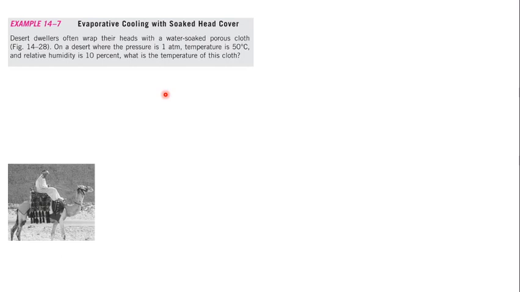So this is how also dwellers from the desert bring down the temperature of the head section. So this is the wet cloth being wrapped, covered at the head. So this is like adiabatic saturation temperature.